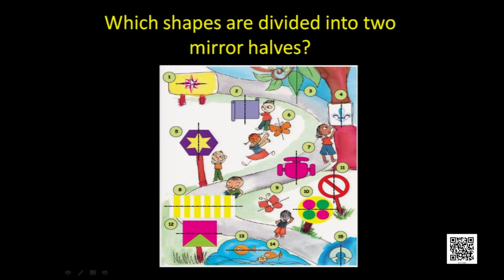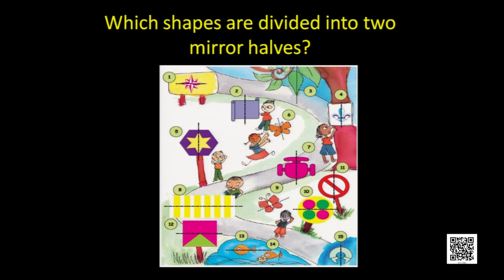Now here you see this triangular part is the white part. When it comes downwards, it will cover the pink part. So the upper part is not covering the lower part exactly. So I can say this picture does not have mirror halves.